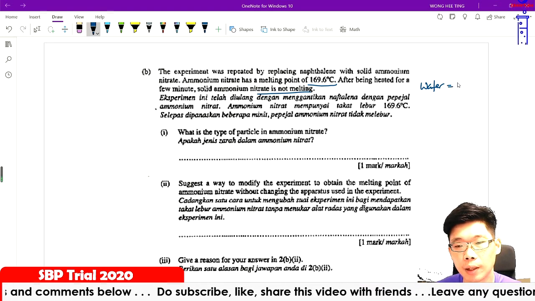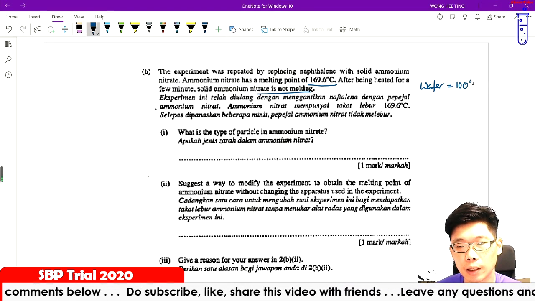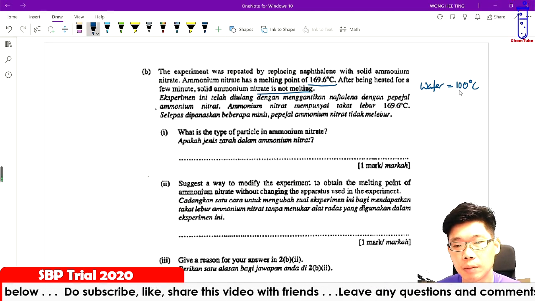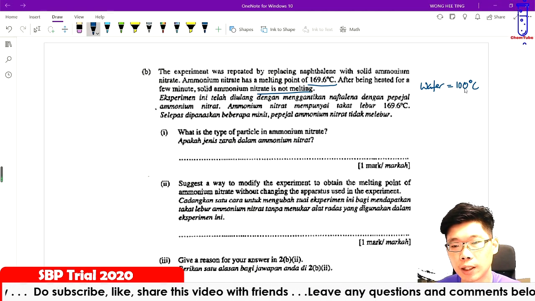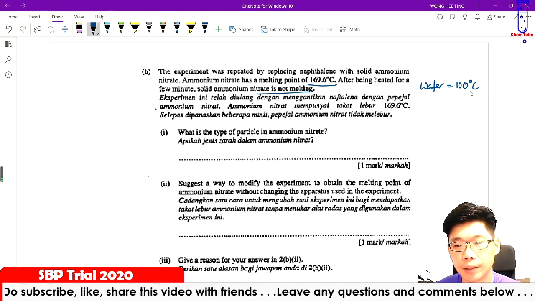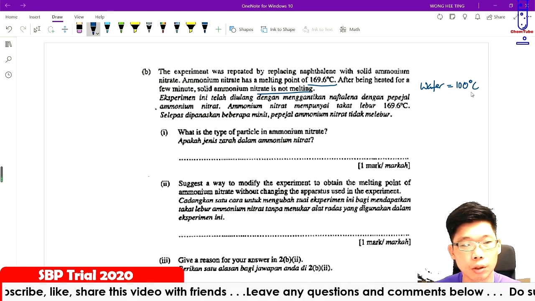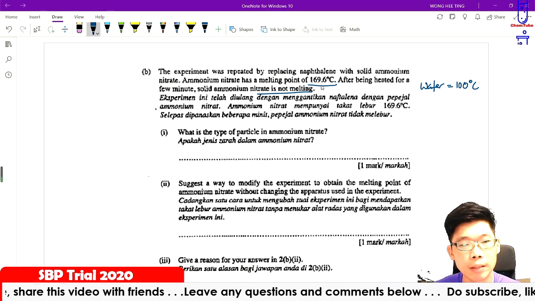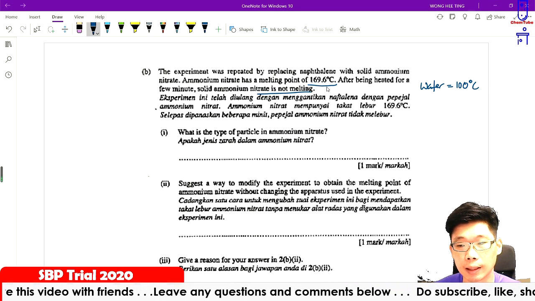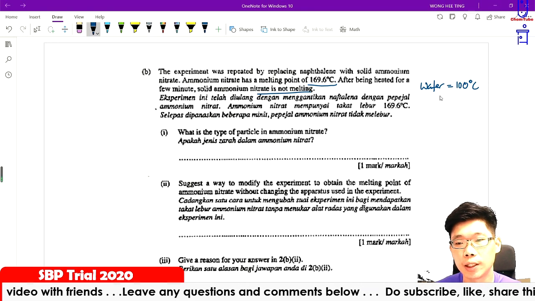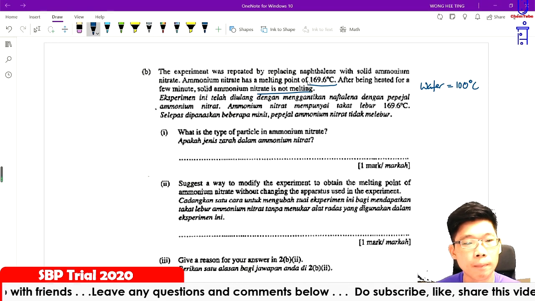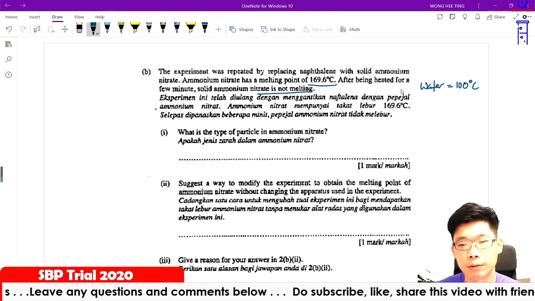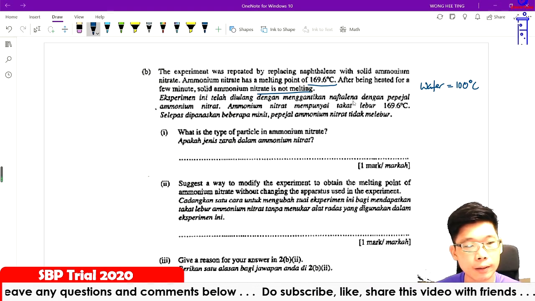The boiling point for the water bath is 100 degrees Celsius. So the maximum temperature that can be reached will be 100 degrees Celsius only. For the ammonium nitrate, the melting point is 169 degrees Celsius. So water is not able to melt the ammonium nitrate. So we have to find another alternative.